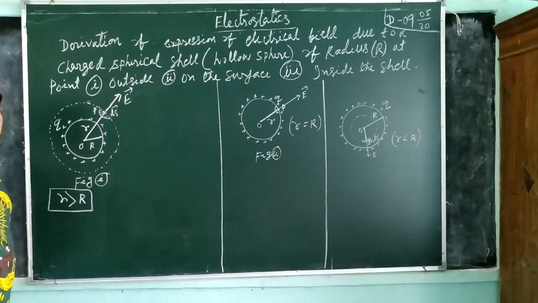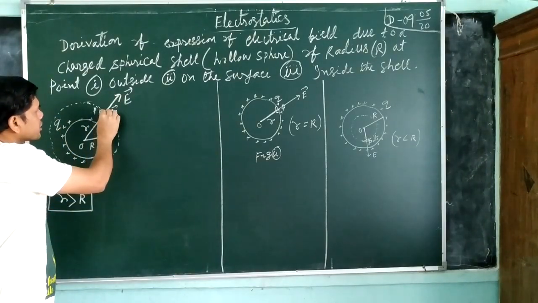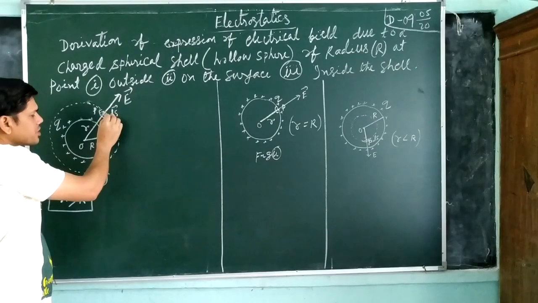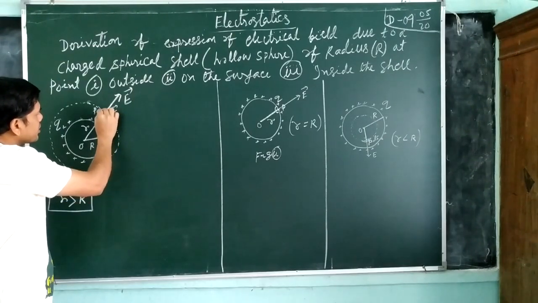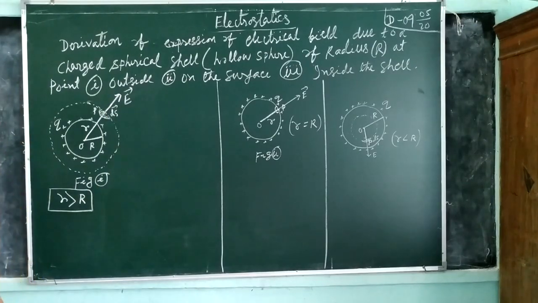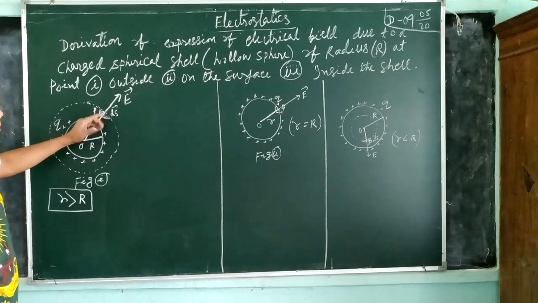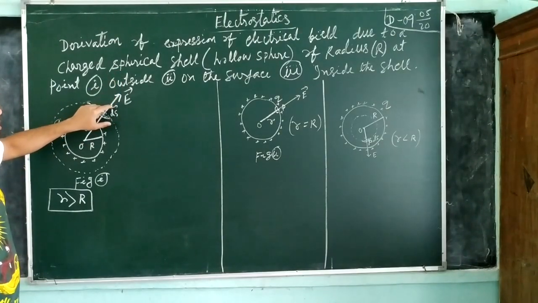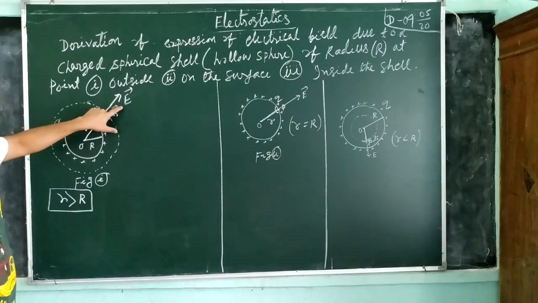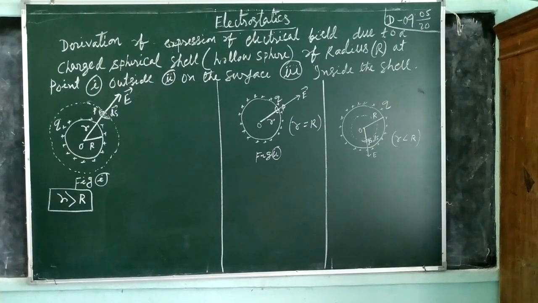Now, we have considered a very small elemental area ds, vector ds. The direction of the ds vector is shown in this shaded region. As it is very small, the direction of the ds vector is along this direction, or we can say the angle between the electric field vector E and the ds vector is the same, meaning both are parallel to each other.